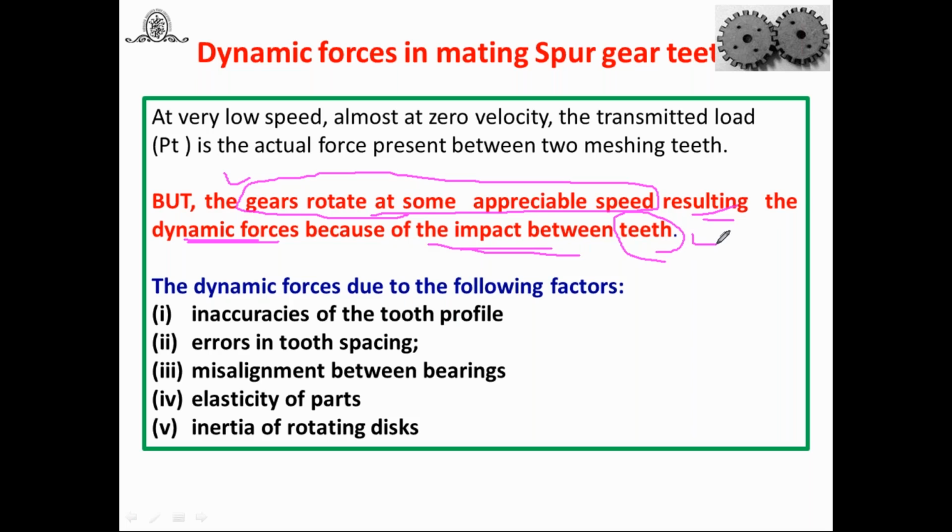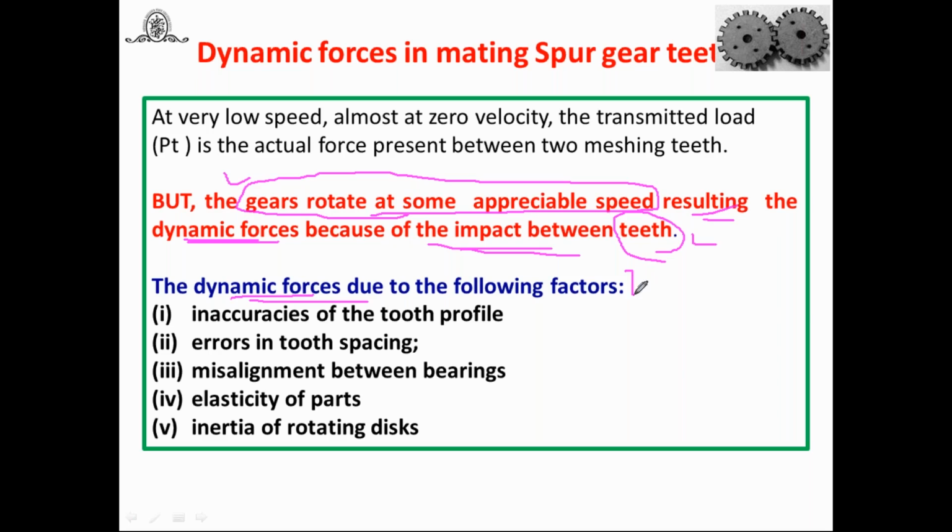So when the pinion and gear rotate at speed, dynamic forces result because of the impact force between pinion and gear. Try to understand.